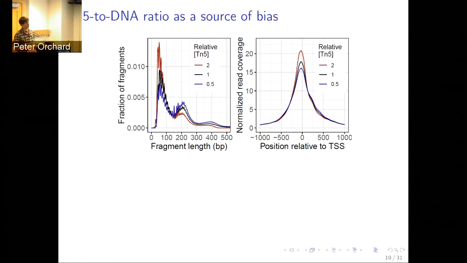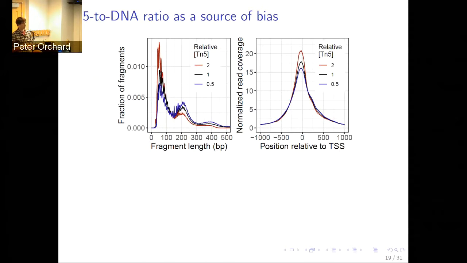So you end up seeing actually pretty drastic results in some cases. This is an example of that. On the left here, I'm showing for one of the replicates the fragment length distribution under 3 different concentrations of TN5. This black distribution is the fragment length distribution under our normal TN5 concentration.